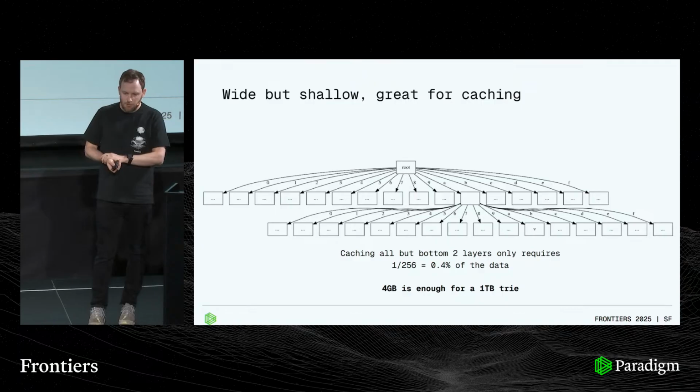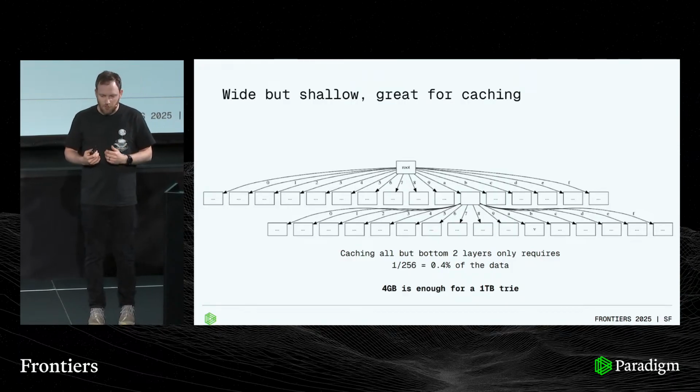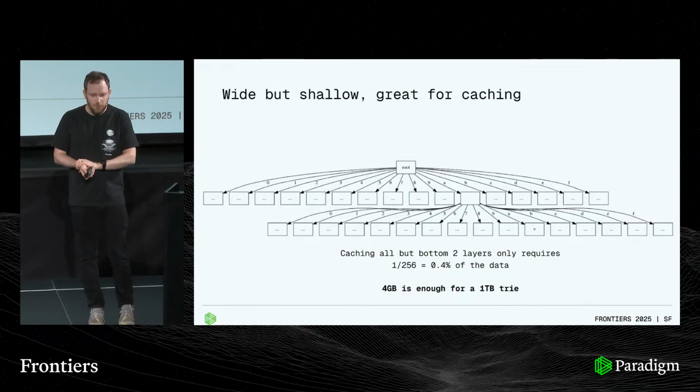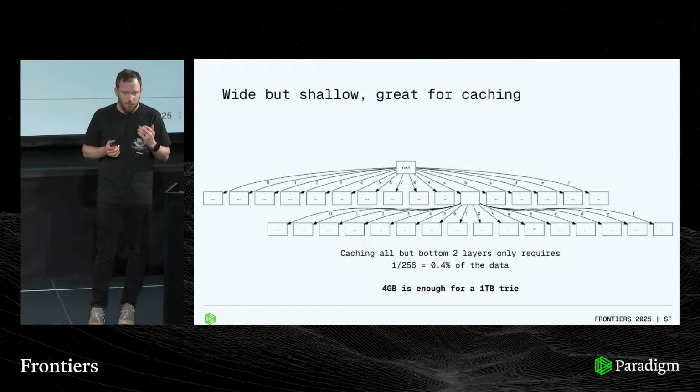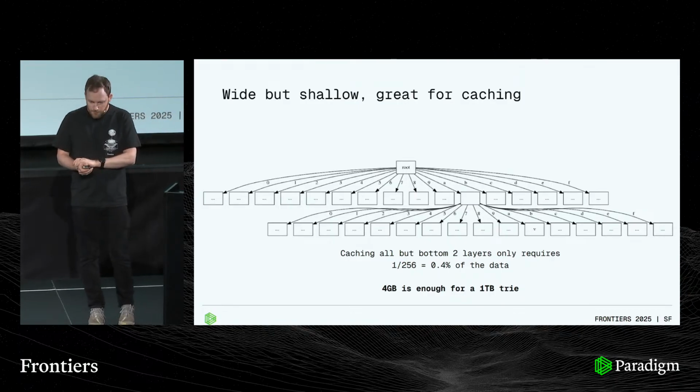Ostensibly, because of this branching factor, you should be able to cache all but the bottom two layers, which is only about 0.4% of the tree. That would let you cache the majority of the paths for even a terabyte-large tree in only about 4 gigs, which would very easily fit in memory.